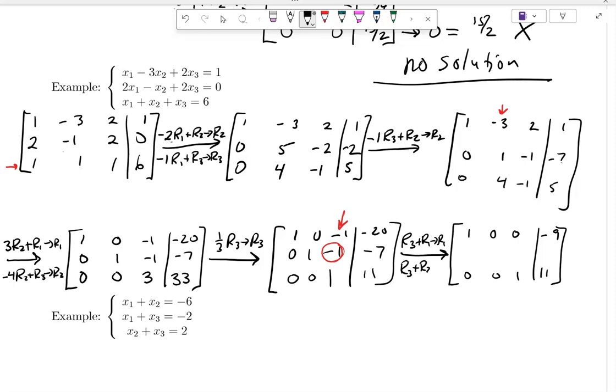Do row 3 plus row 2, replace row 2. 0, 1, 0. 11 plus negative 7 gives us 4. We're now done, right? We've run out of rows. What's our answer going to be? Negative 9, 4, and 11.